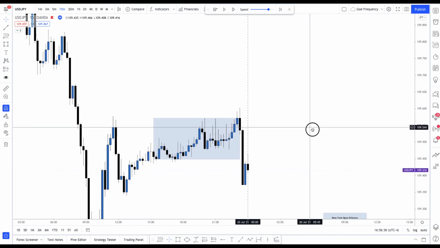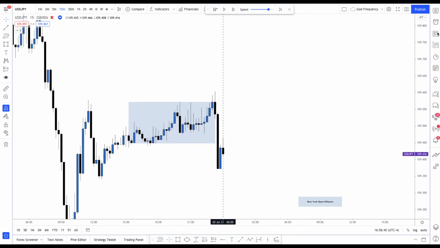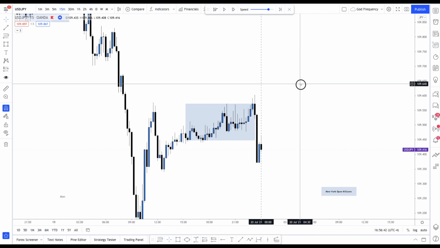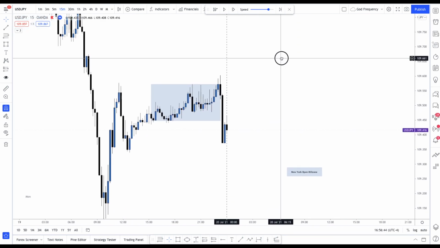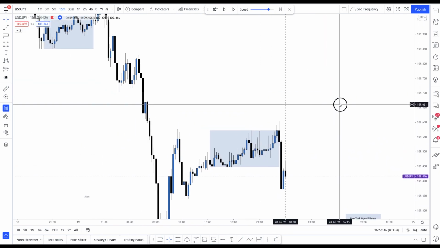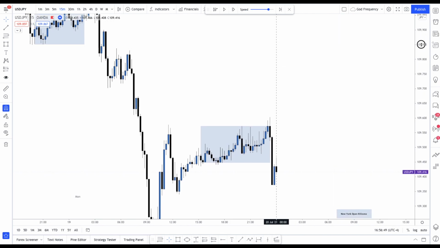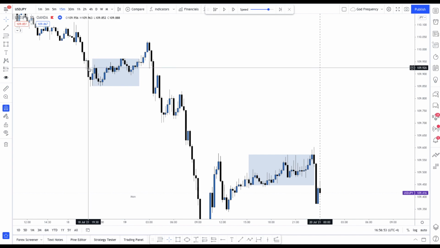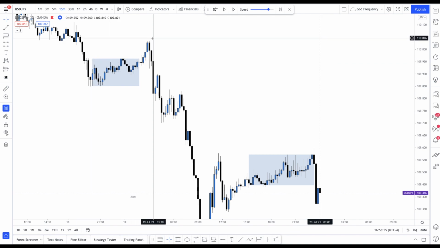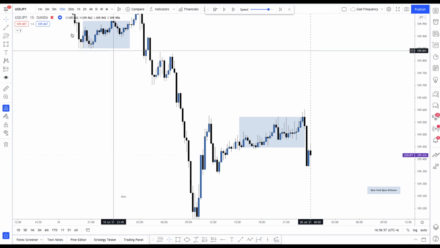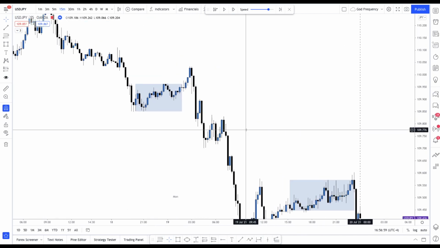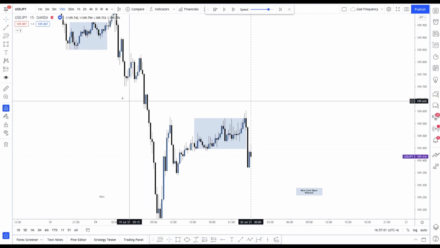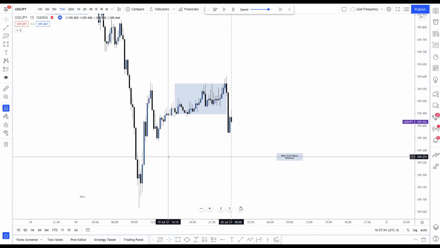You're going to assume you've done your top-down analysis and you have an idea of where prices overall want to go. So you're going to identify the market profile. What we see here, we had accumulation, we had the manipulation to the downside, so we had the market maker sell model forming.